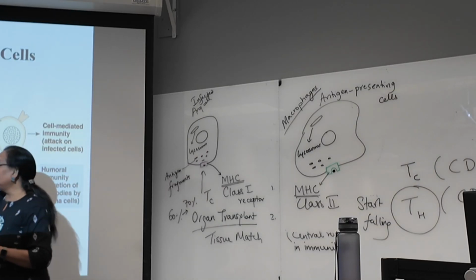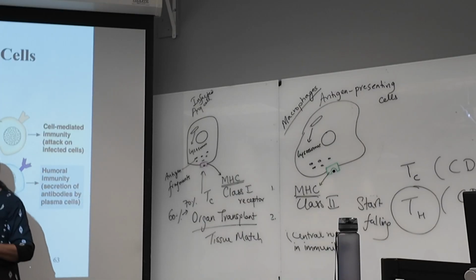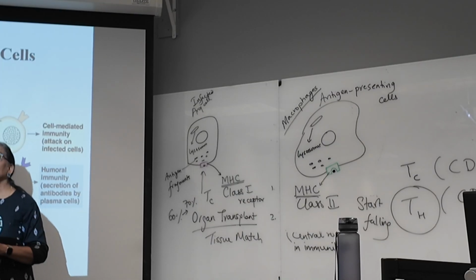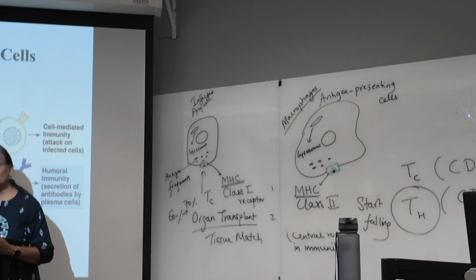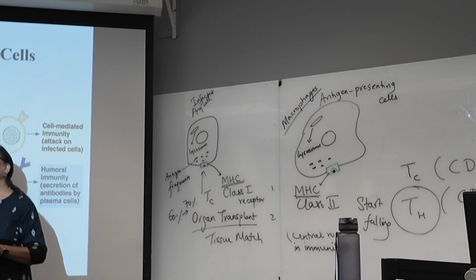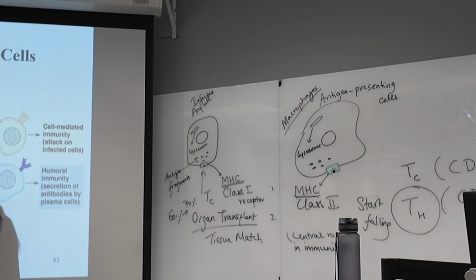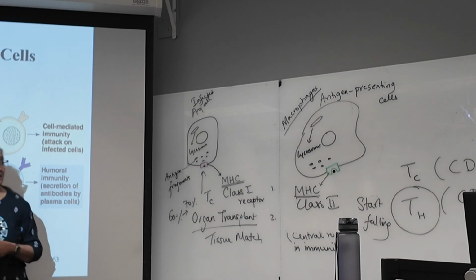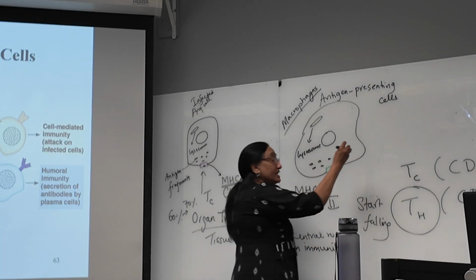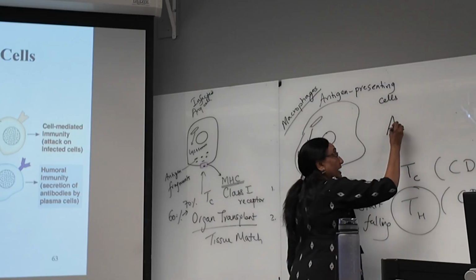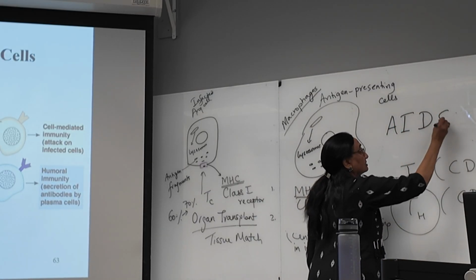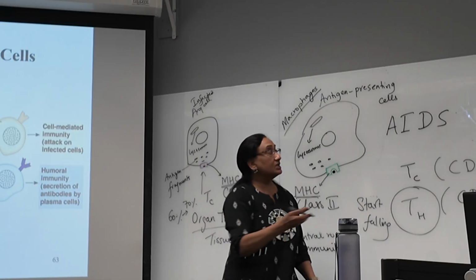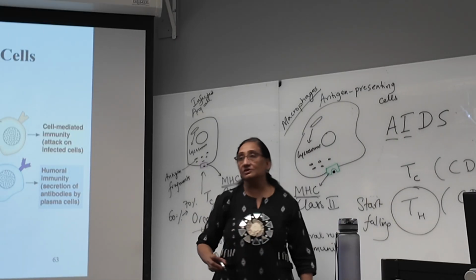Because this cell, which is the central one for immunity, is completely destroyed, there's no way acquired immunity can function once this cell is gone. That is why the name comes from that: acquired immune deficiency syndrome. So what is deficient? Acquired immunity is deficient.